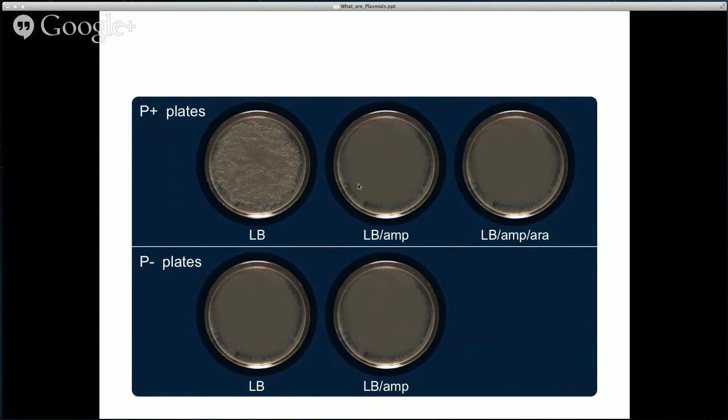When you, last week, or 2 weeks ago now, did you see lawns on all your plates? No, you didn't, because not every single bacteria cell picked up DNA. It's all by random chance that it's going to pick up the right piece of DNA. So you're only going to see some growth. Only the bacteria that got that gene will grow.